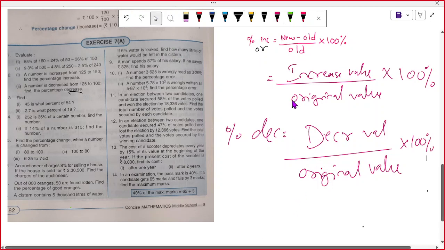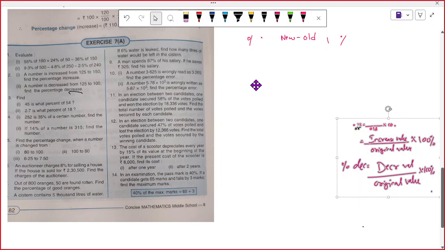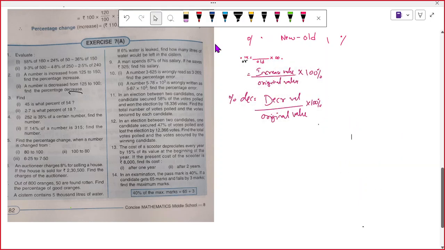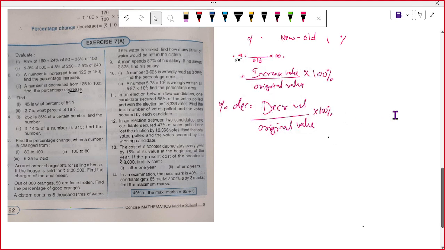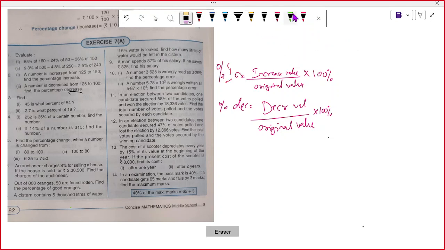Take down these two formulas: percentage increase and percentage decrease. The formula which I gave, one step is enough. In this, you'll have to do an additional step.